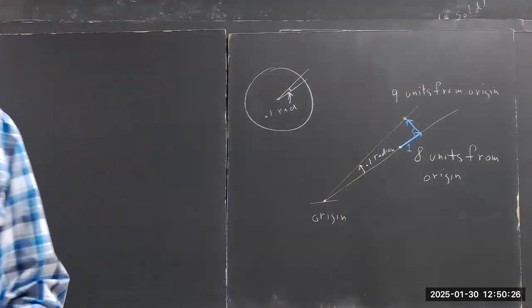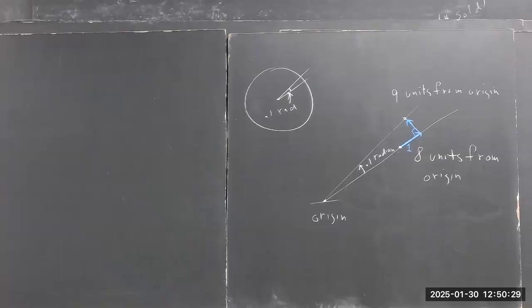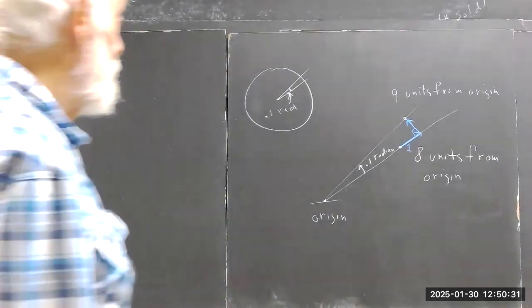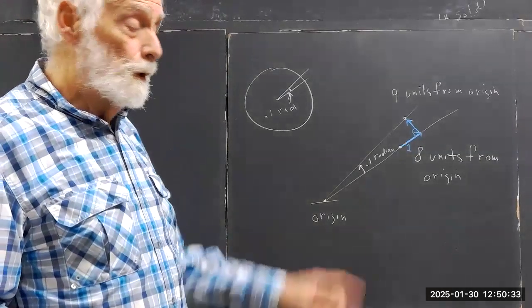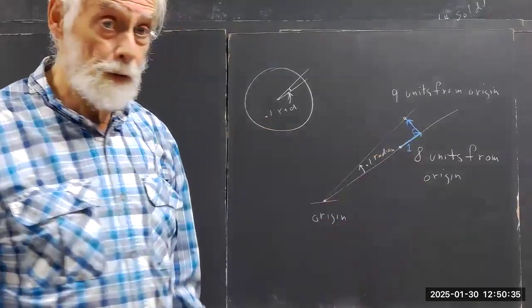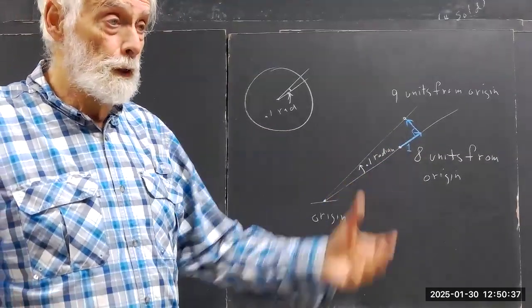What should the radius of this circle be? Can you show me with your fingers? I'm going to use this circle to estimate the length of that vector.